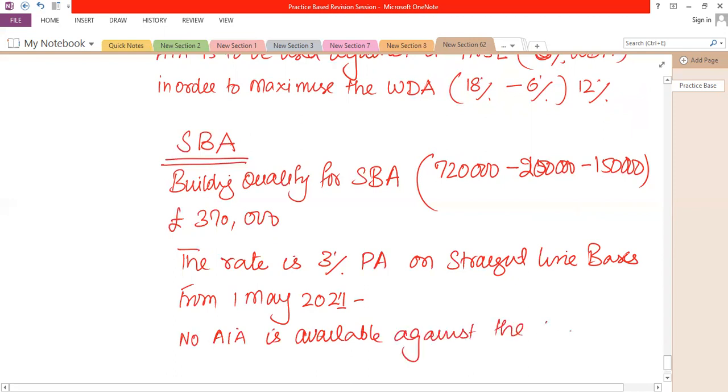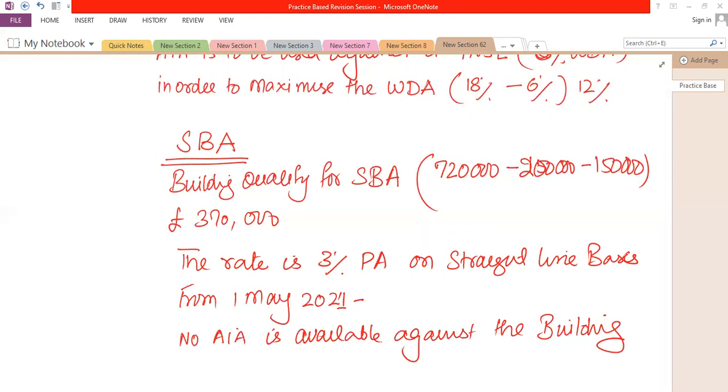Building is not eligible for the annual investment allowance. So as the land is not eligible for any kind of the written down allowance. Again, a very easy one, not that difficult. Okay.